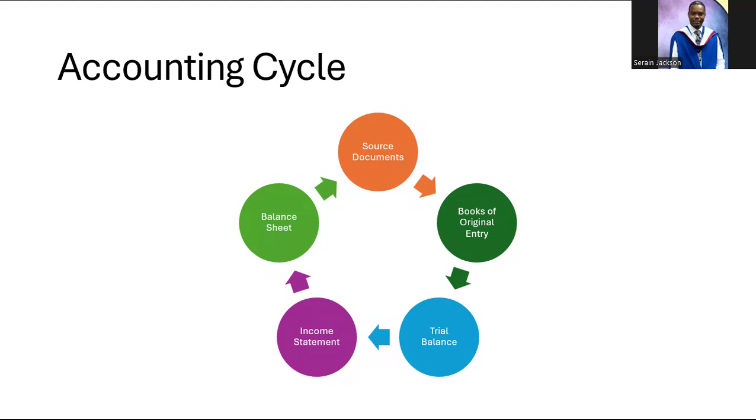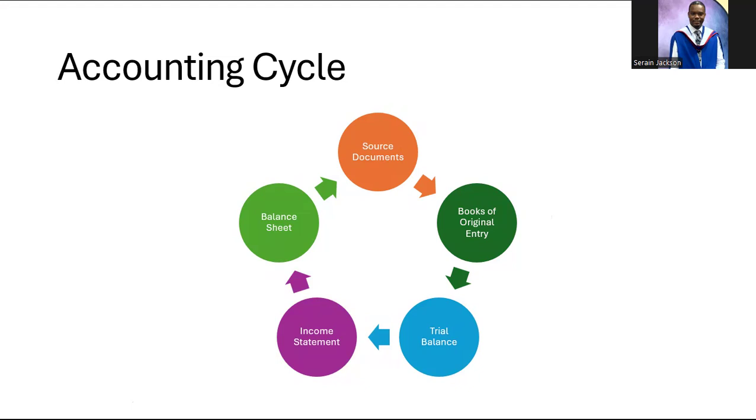In understanding the books of original entry, you need to understand where they fall in the accounting cycle. If you look at the accounting cycle, as you are seeing displayed now, we start with our source documents and then we move to the books of original entry. They are basically the first books that we record transactions in.